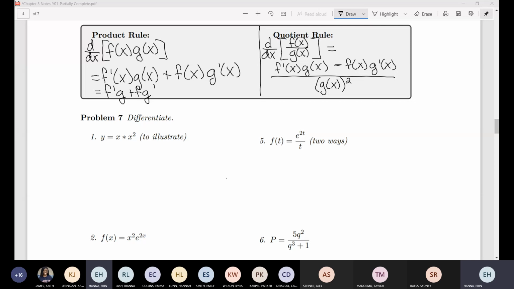So again, these ones are kind of nice because they have that kind of set order, if you will. What I like to do for these, you don't have to do this, is come off to the side and do a little chart.